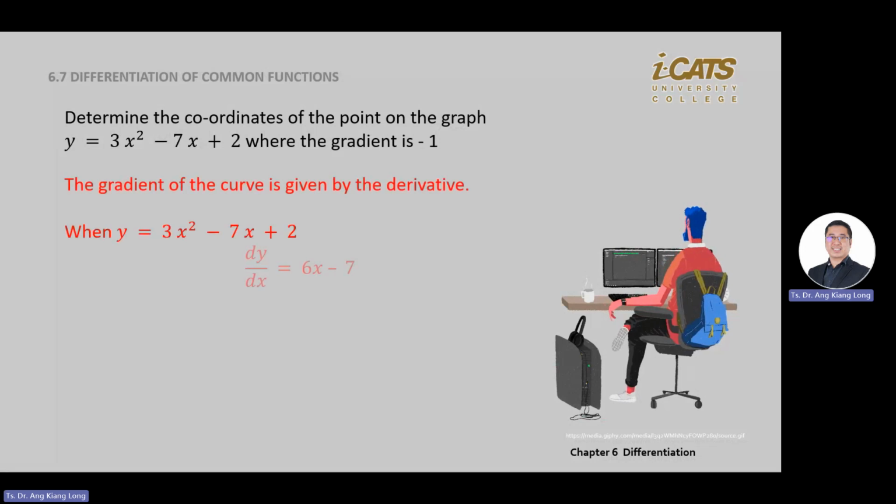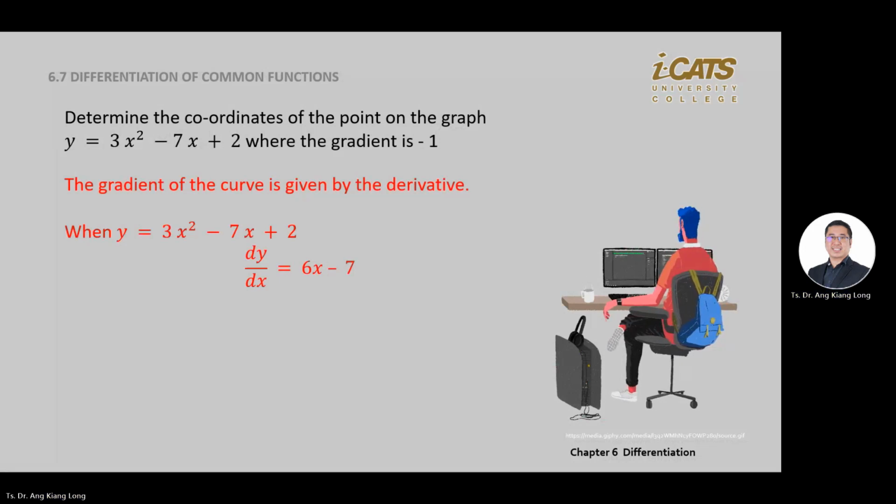For example, you know that dy/dx equals this, so the gradient is -1. There's only one unknown. If you get a quadratic, it means 2 points. If you get power 3, it means 3 points, and so on.